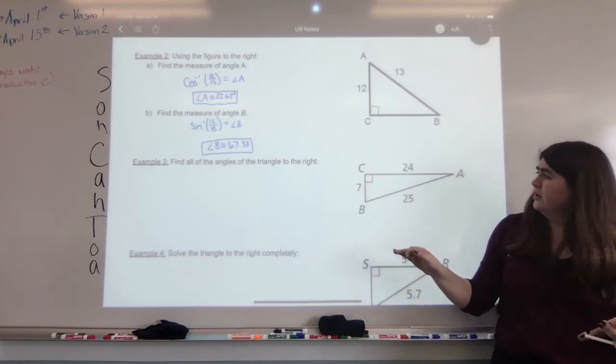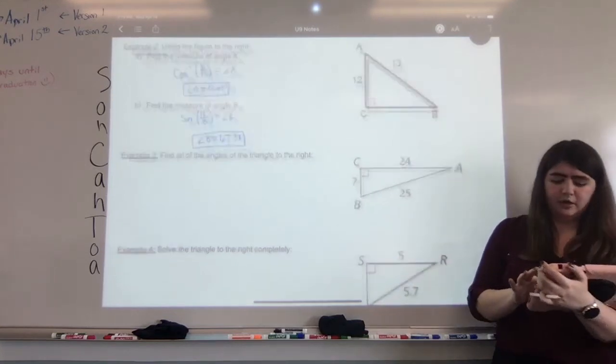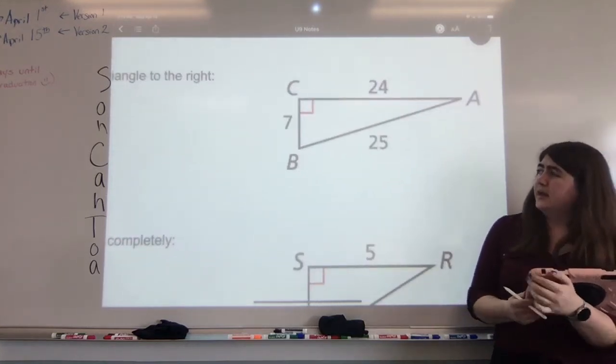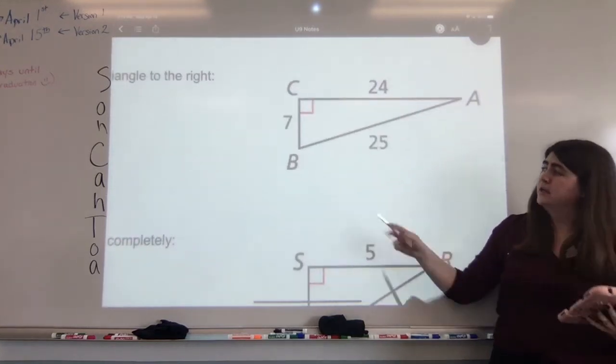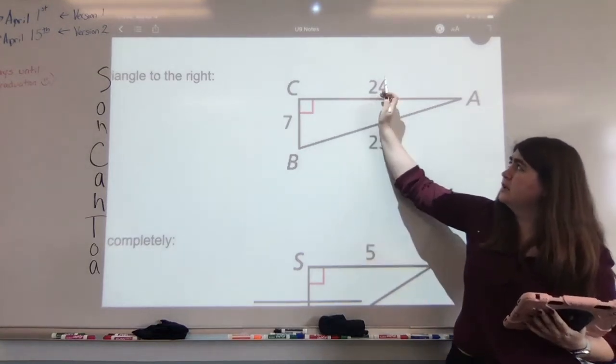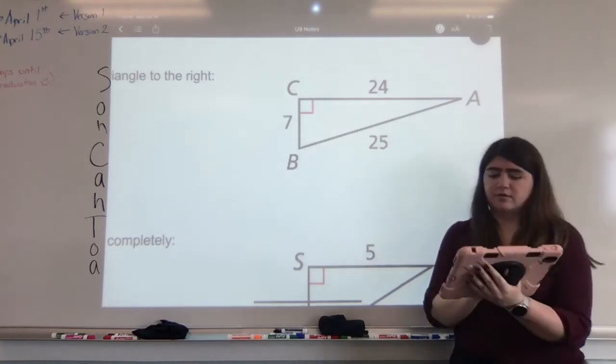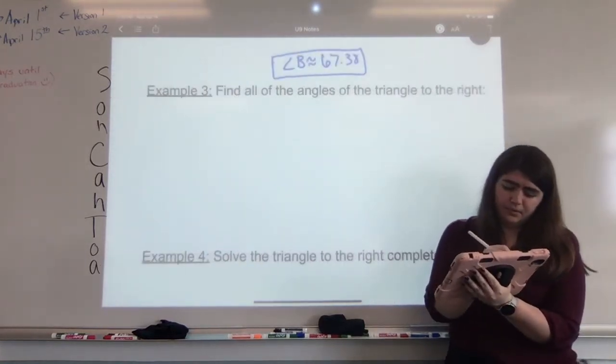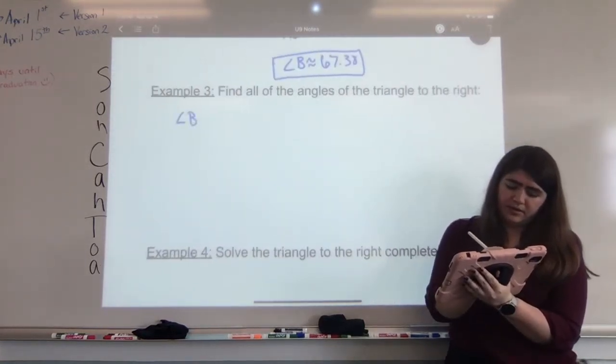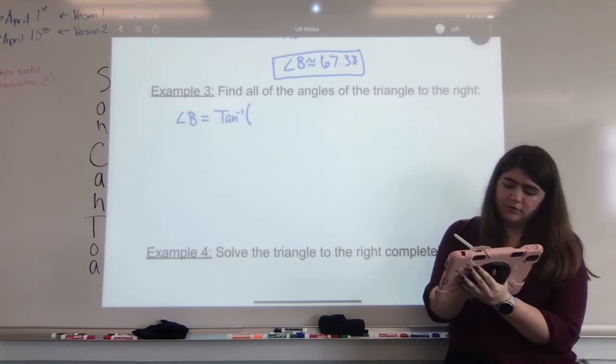All right, so if I'm trying to solve for angle B, and I want to use tangent, then I need the opposite over the adjacent, which is 24 over 7. So for angle B, I'm going to set that equal to the inverse tangent of 24 over 7.